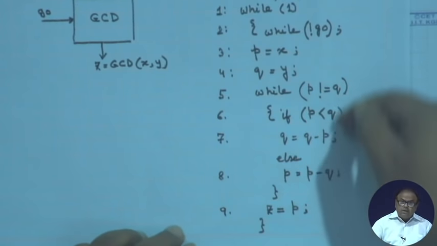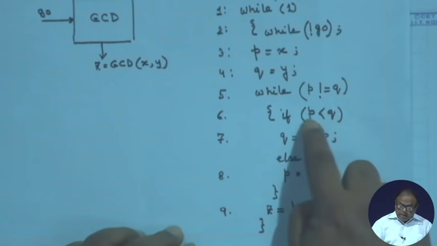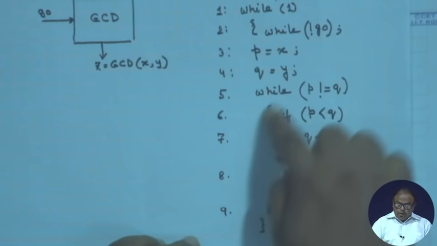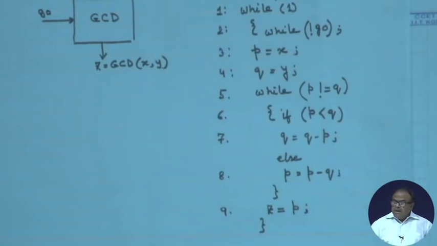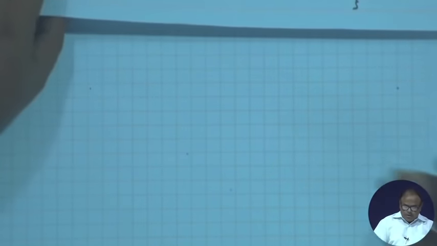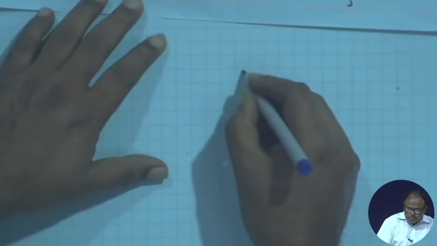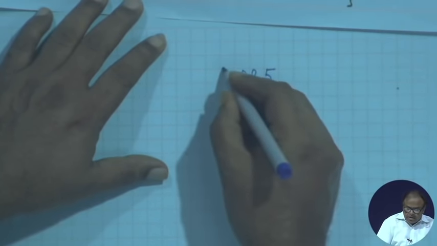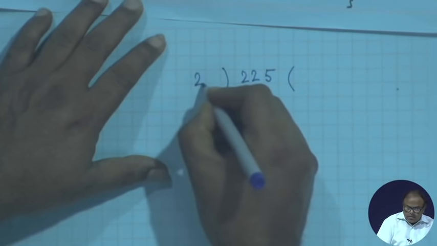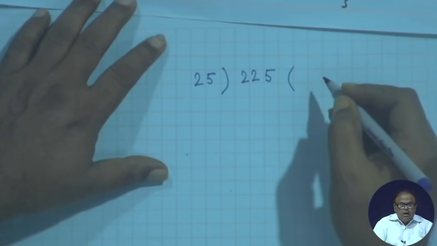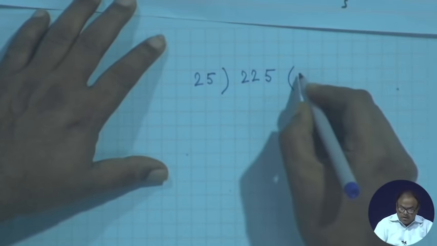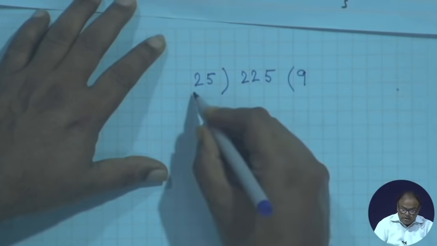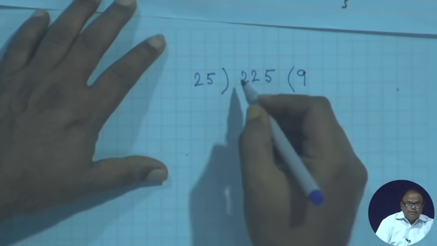If you work out this part, you will see that I am repeatedly comparing and subtracting, whereas in the typical GCD that we compute, say 225 and maybe 25, I am trying to divide this 9 times, right.